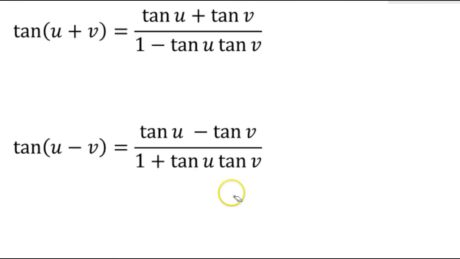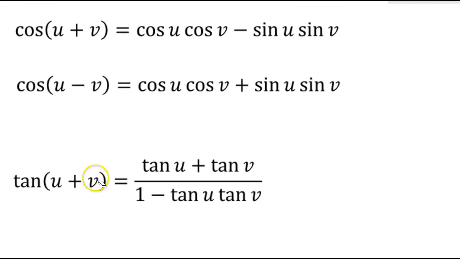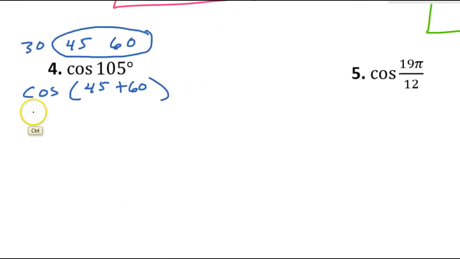So glancing at the cosine formula, it goes cosine, cosine, sine, sine, and it changes from addition to subtraction. So I'm going to go cosine, cosine, sine, sine. And I'll switch to subtraction.